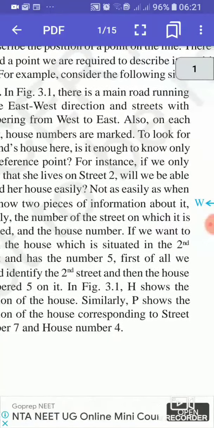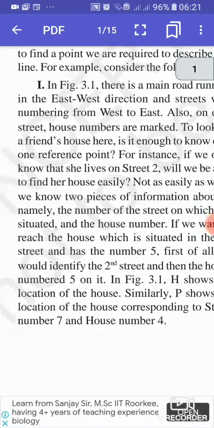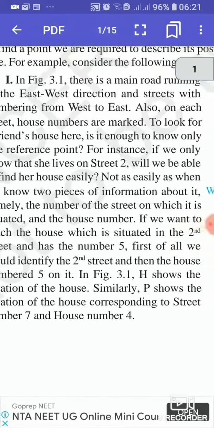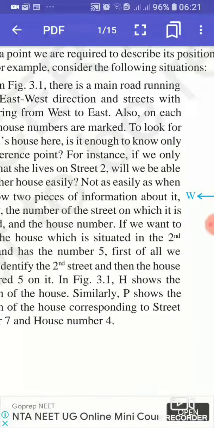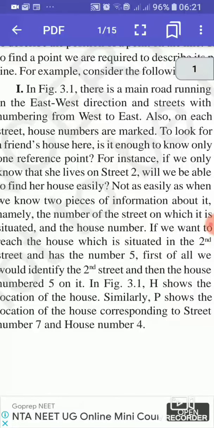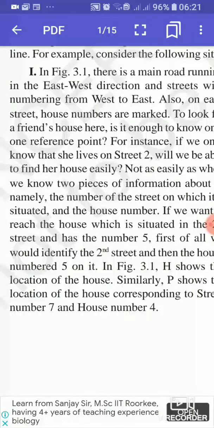No. It is easy only when we know two pieces of information about it, namely the number of the street on which it is situated and the house number. So we require two things: the number of the street and the house number.